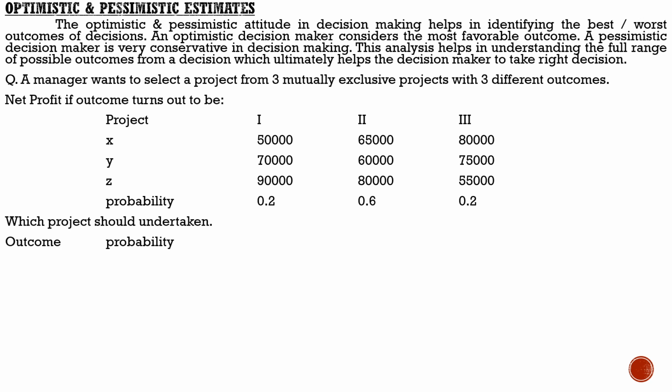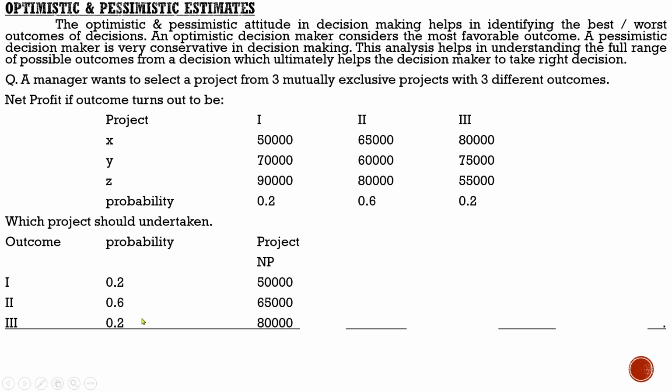So first of all, let us deal with project X. Outcomes are given, three outcomes and their probabilities. Net profit of project X: 50,000, 65,000, 80,000.